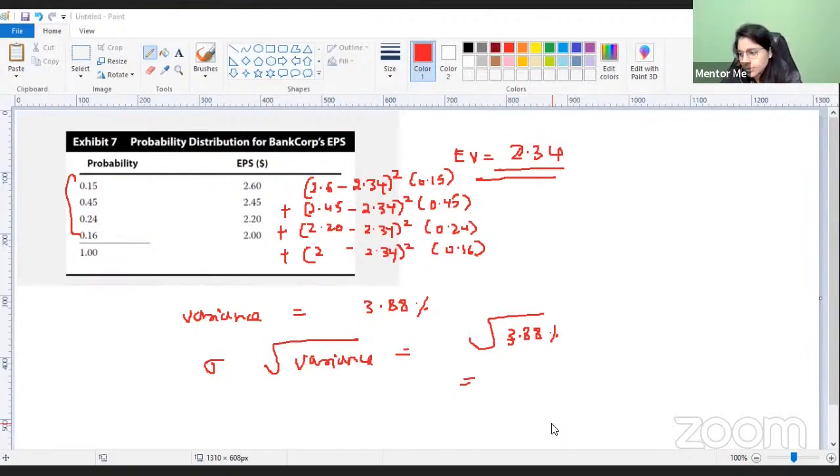The answer is 3.88. Let me convert it into decimals also and verify. Either you consider 3.88 and take its square root, ignoring the percentage sign before and after, and whatever comes is in percentage only.